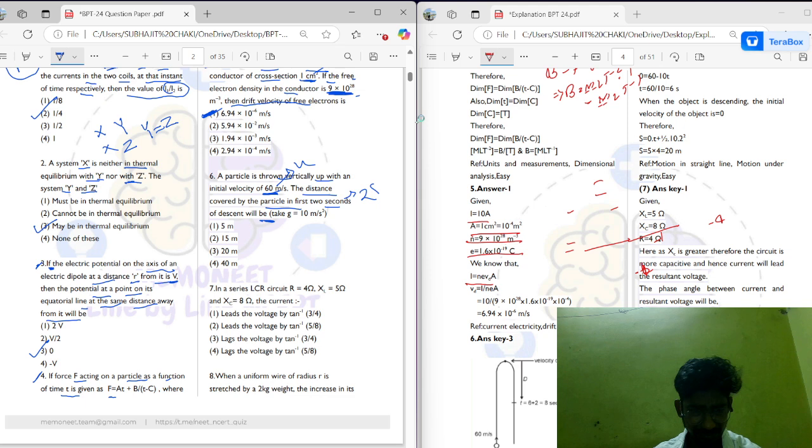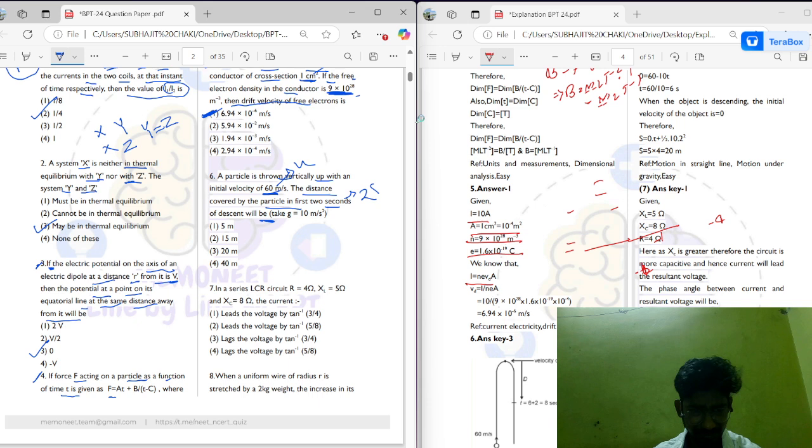The initial velocity is u equals 60, it is going upward, so g will be negative, so v equals u minus gt. The final velocity here is 0, the object is at rest. So 60 minus 10 into t gives t equals 6. So for 6 seconds it is going upwards, and for 6 seconds it will go downwards. But you have to calculate for just these 2 seconds. For these 2 seconds, the initial velocity will be equal to 0 only.